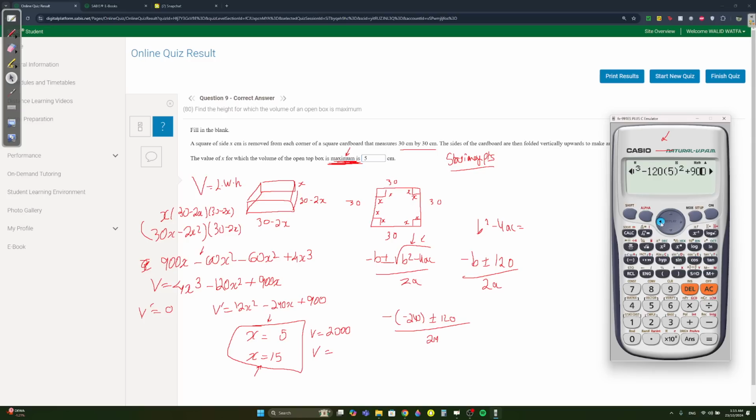You get 0. So which one do you think is maximum? This one. And what does x equal? 5.